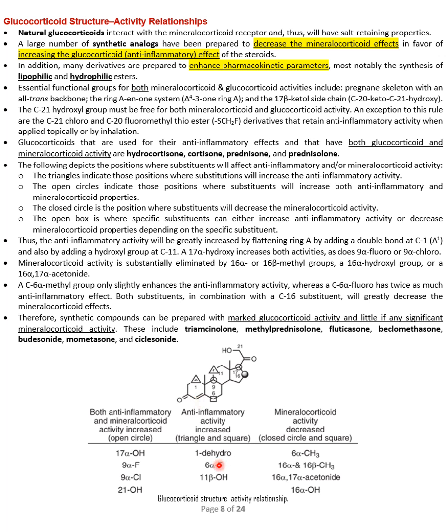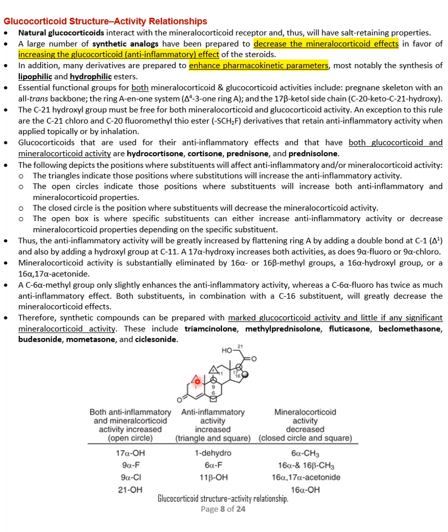Okay, and then at position 6 we can have a fluorine right here, and at position 11 if we add an OH group, then any of these would actually increase the anti-inflammatory effect. I'm sorry, I pointed at position 1 here, I meant here.